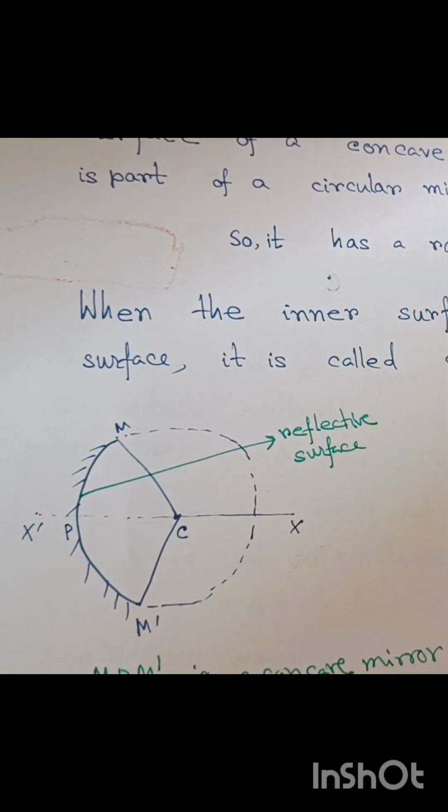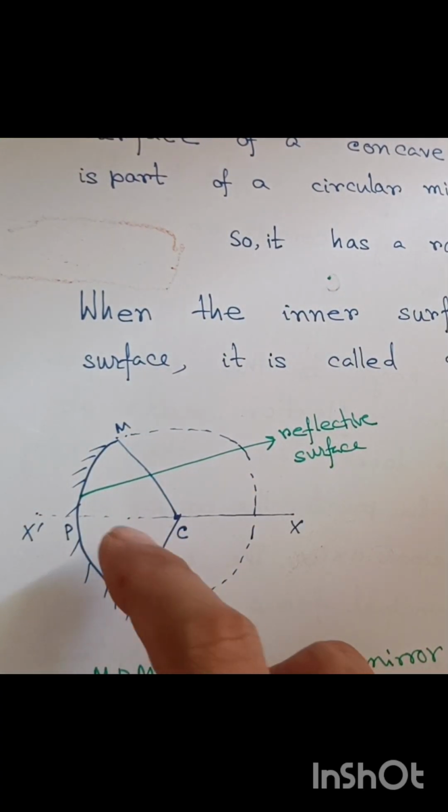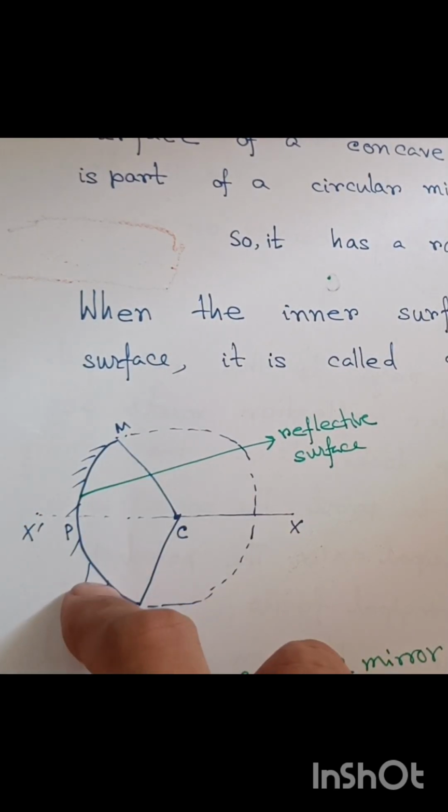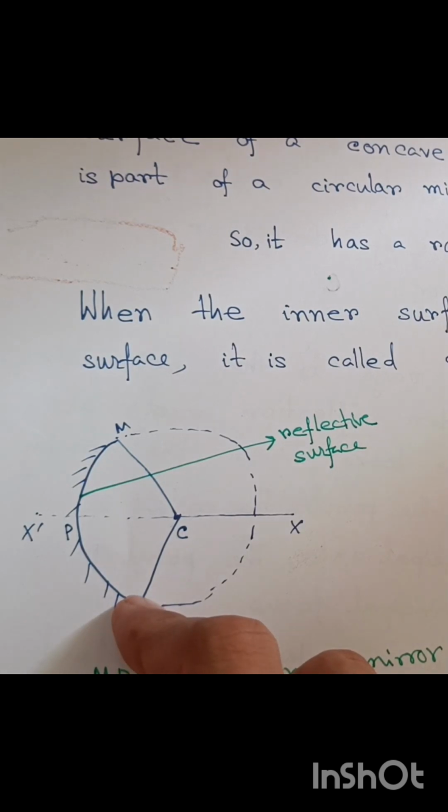See, M dash is a concave mirror. Why is this concave? See, this side is the reflective surface and that is inward.